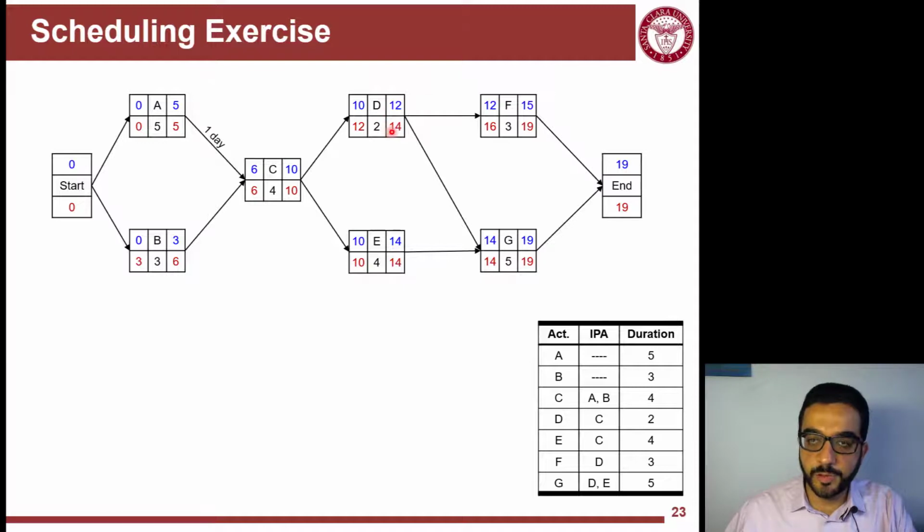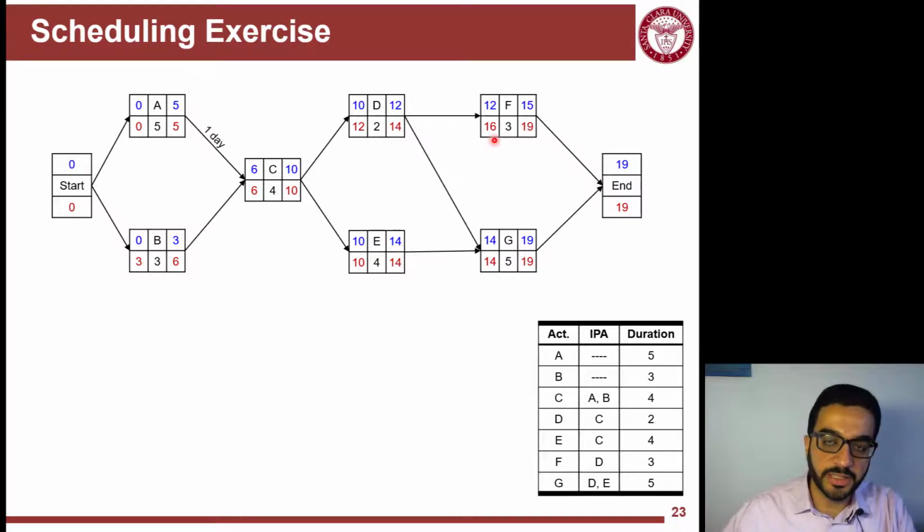Because if let's say I picked here 16 to be my late finish of D, this means that G will start at 16, which now is 2 days beyond its latest, and the project will be delayed 2 days. So when you go backward, you pick the minimum of the values you pick from the late starts of the successors.